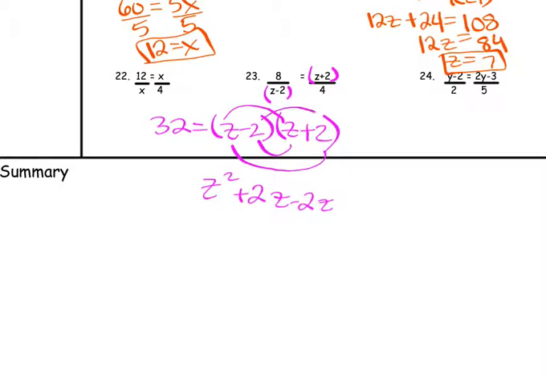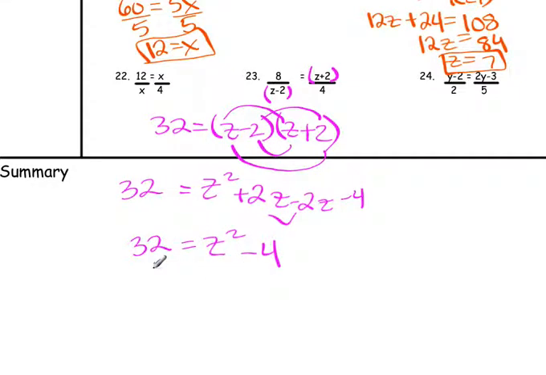And last times last, which would be negative 4. Then you combine your middle terms here, so it'll be z squared minus 4, because the positive 2z and the negative 2z cancel out.